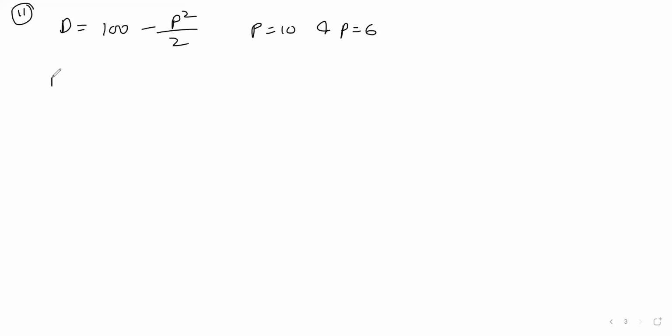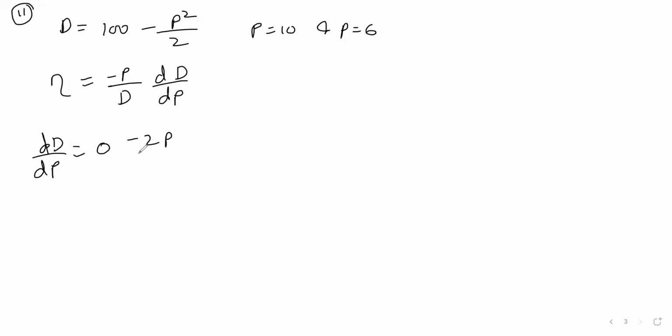So if we have to find elasticity, first we have to find its derivative. So what is the derivative of this? ddp of D is equal to 100's derivative 0 and minus 2p by 2. This is minus p.